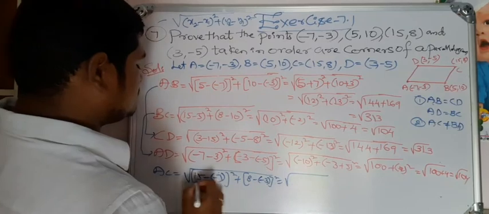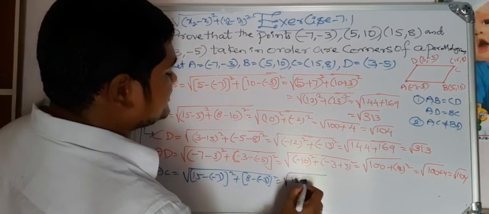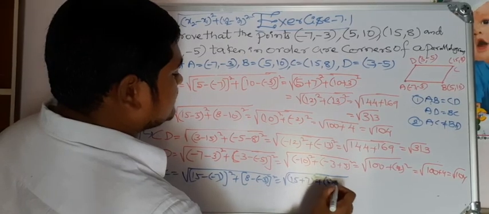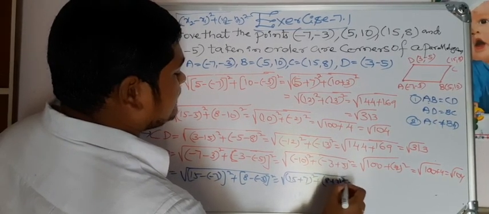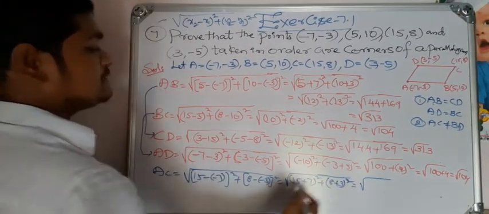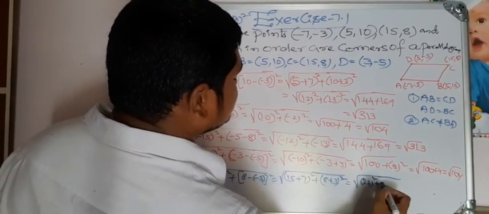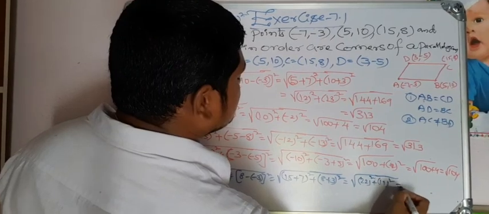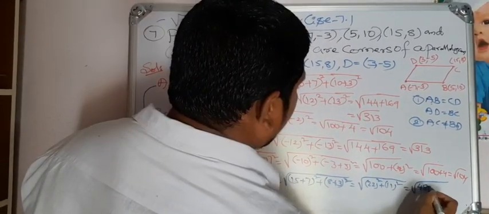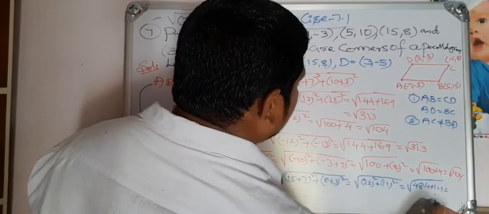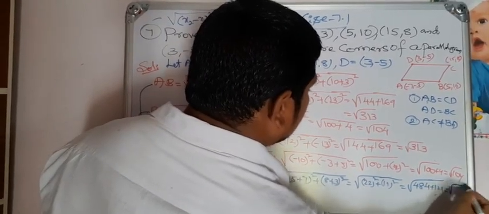So it is (15 plus 7) whole square plus (8 plus 3) whole square. So 15 plus 7 is 22 square plus 8 plus 3 is 11 square. Simplify: 484 plus 121, which is root 605.